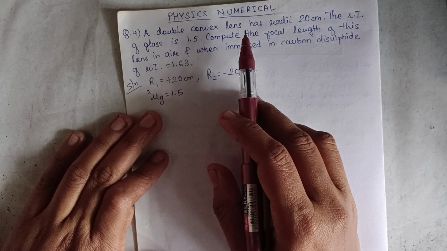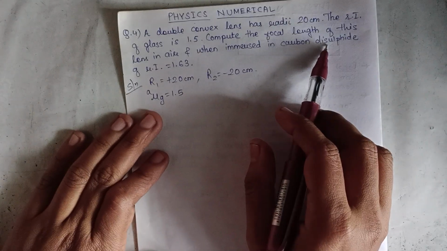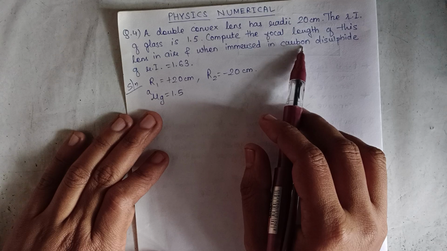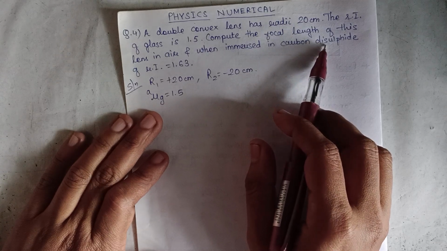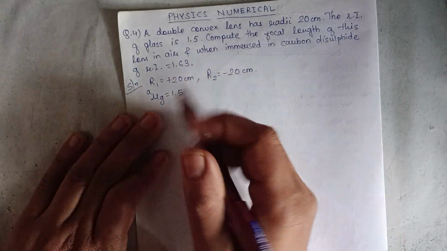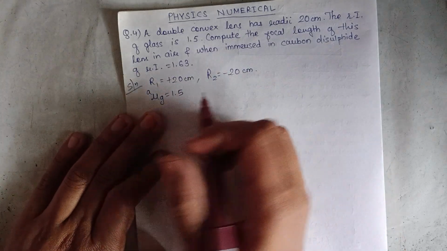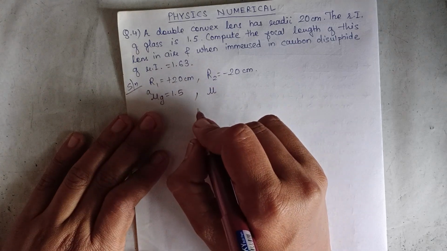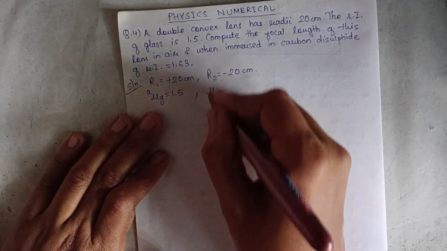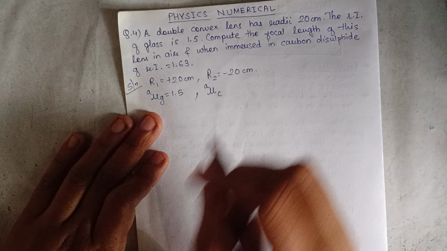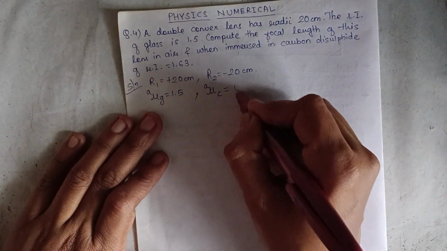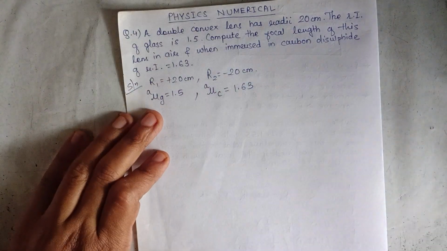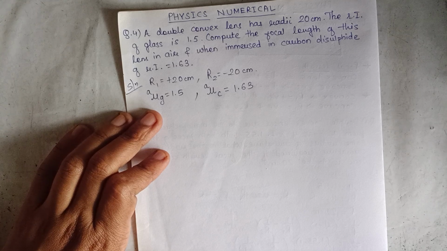Then when immersed in carbon disulfide, you have to find that also. And 1.63 is given, that is the refractive index of carbon disulfide with respect to air.